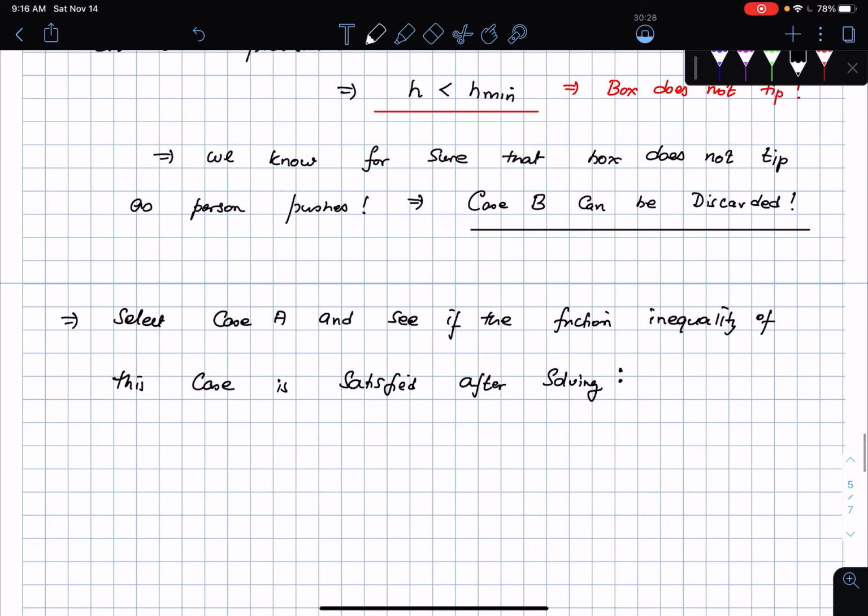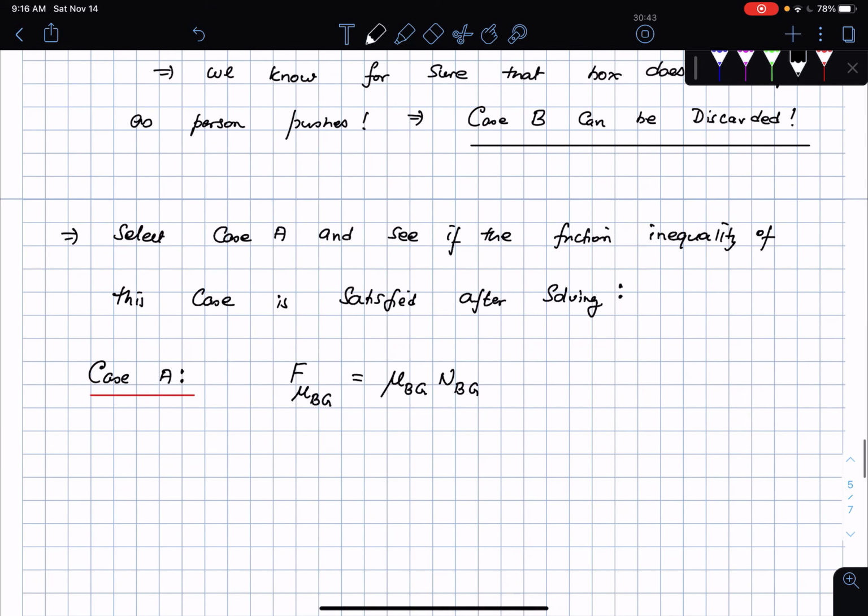Okay, so then case A, what are the equations that we have for case A? In this situation we have F mu Bg equal to mu Bg times NBg. The inequality is F mu Pg is less than mu Pg times NPg.